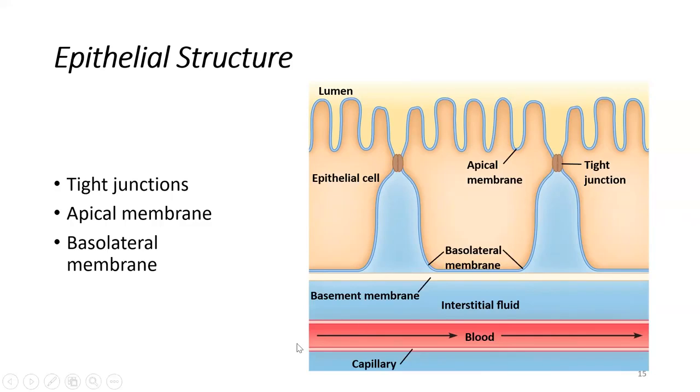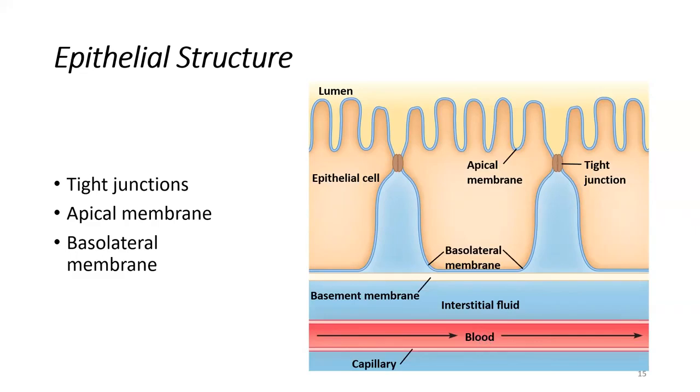And so in order for transport to occur, things have to move through the apical membrane from the luminal surface into the cell, and then again through the basolateral membrane from the inside of the cell into the interstitial fluid in order to be absorbed into our bloodstream.